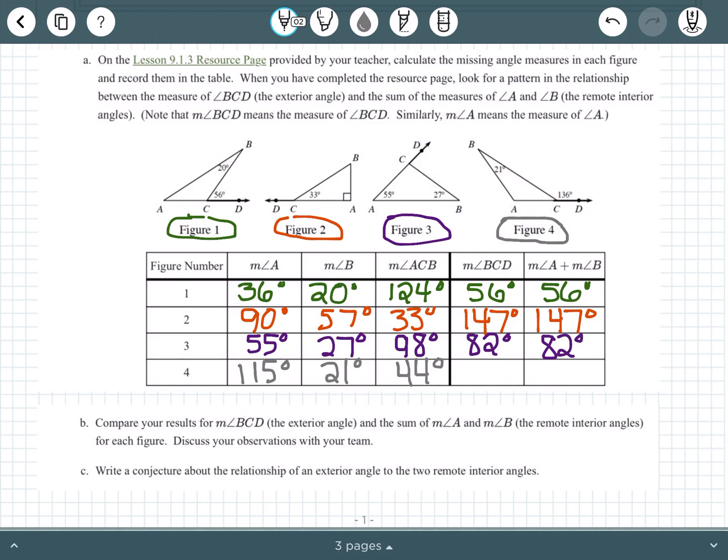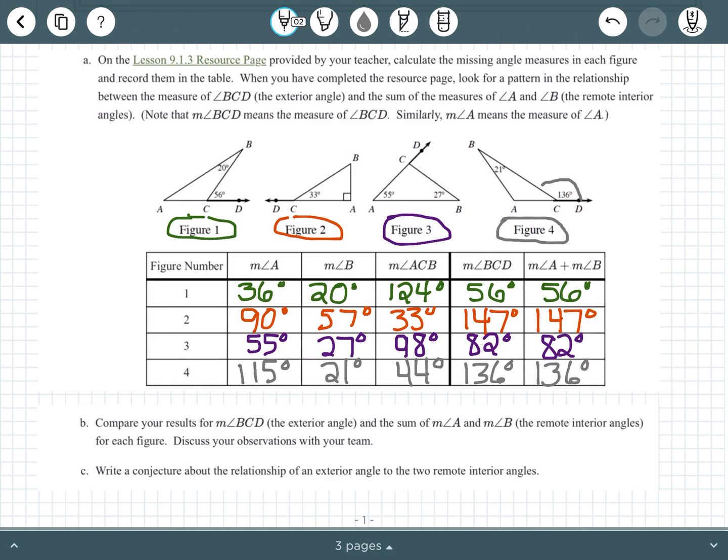Now the measure of angle BCD, that is this exterior or outside angle. That's given and it is 136 degrees. And finally we need to find the sum of measures of angle A and B. So that's 115 and 21. And when we add those, we will get 136 degrees.